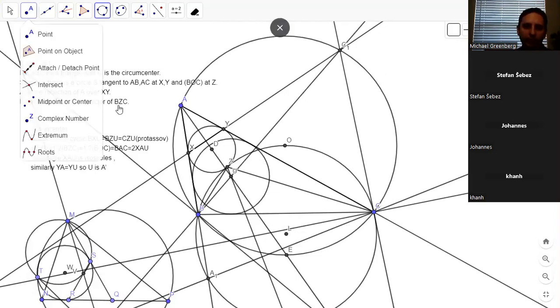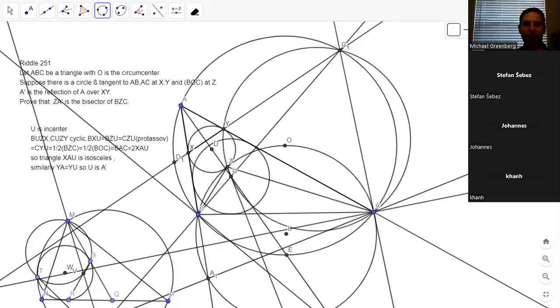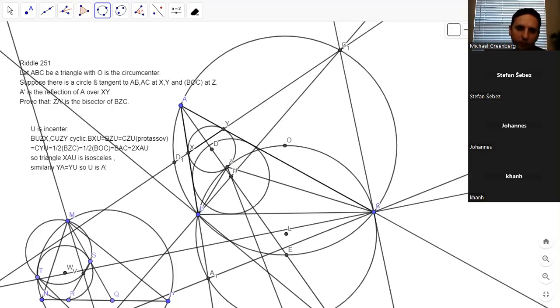So basically you're saying that this circle passes through D1 and this circle passes through C1. Yeah, that is my point. You have to construct C1 and D1 before showing that BXZU is cyclic. Okay.